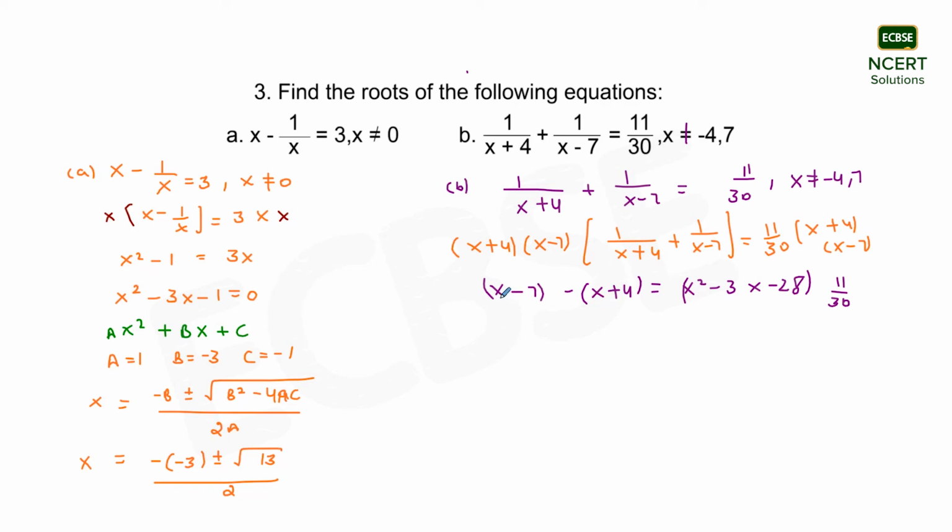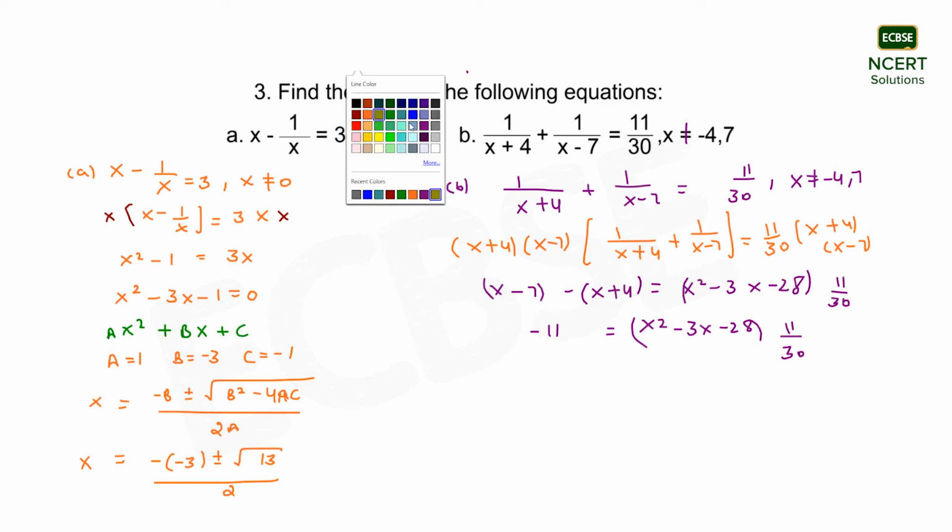So on subtracting x minus 7 with x plus 4, here I will get minus 11 is equal to x square minus 3x minus 28 into 11 by 30. 11 and 11 will cancel out on both sides. So here it will be minus 1.